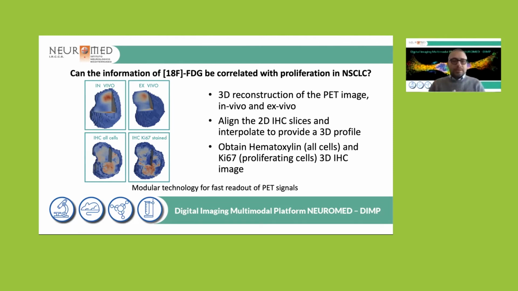Then we would like to compare. The interesting part is that through interpolation, we could provide a three-dimensional profile of the cancers. The question is whether the in vivo image is first of all well controlled by the ex vivo one, and whether it is correlated with the immunohistochemical sampling, staining.